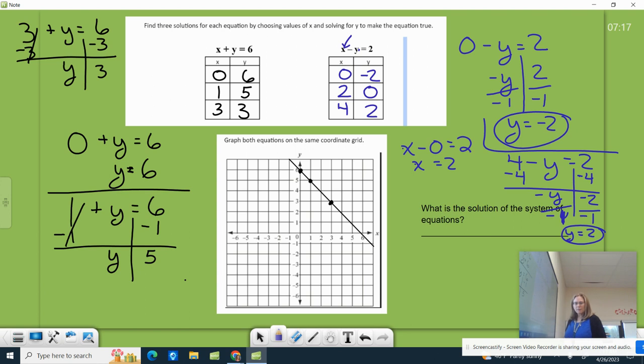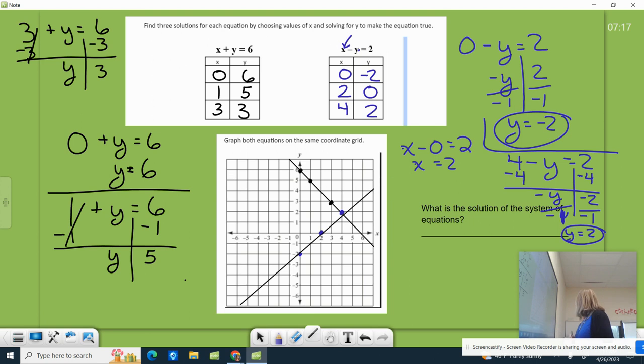Okay. I have my 3 coordinates for this line, so I need to graph them. 0, negative 2, 2, 0, and 4, 2. And then I'm going to make my line. I might need to adjust that a little.